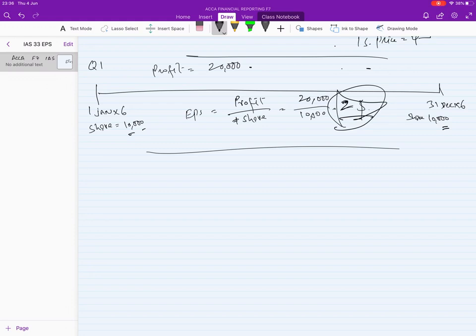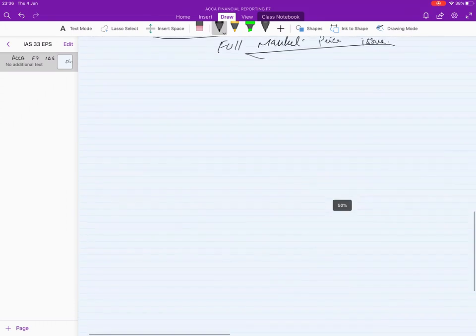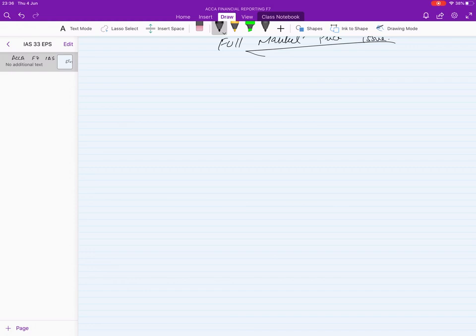So we will practice first the full market price issue. Okay, let's do an example here. Same, we draw a timeline. This is 1st Jan x6, 31st December x6.